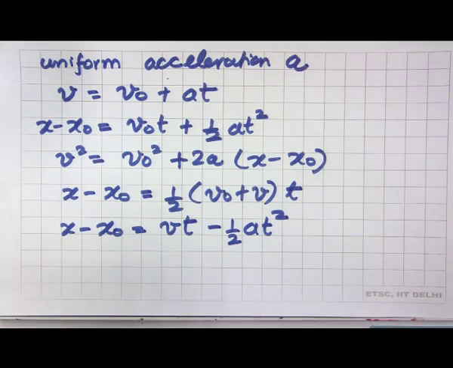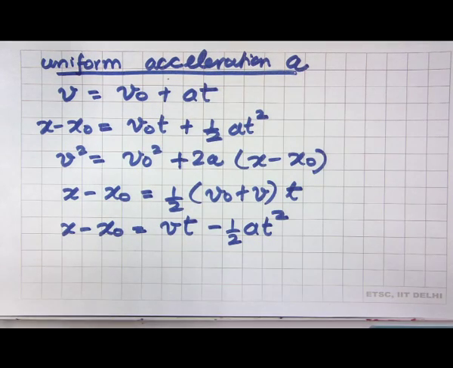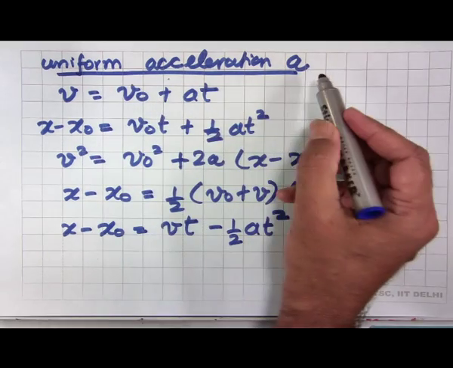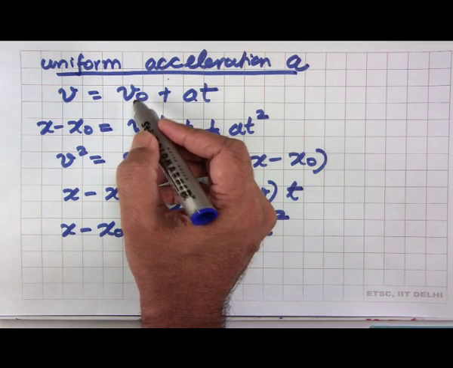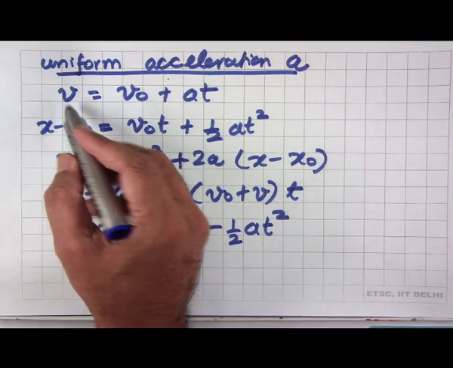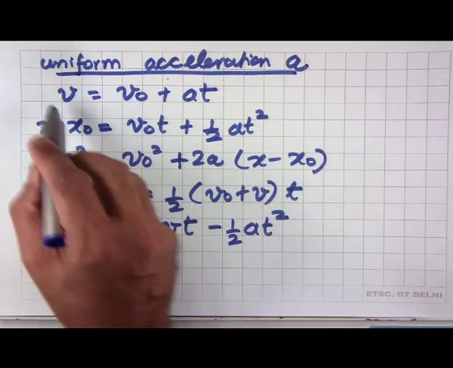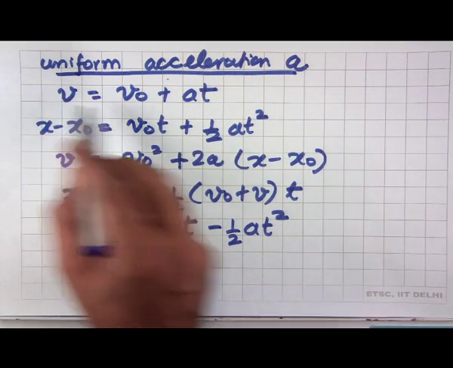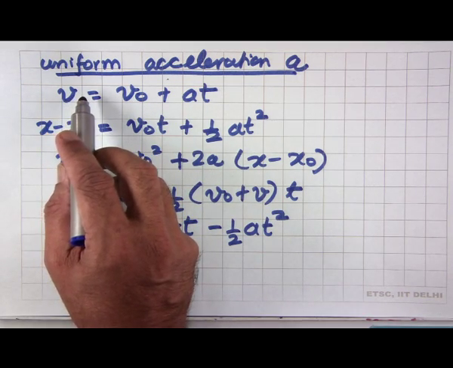So, in the last class what we had seen was that if a particle is moving along a straight line and it has a uniform acceleration a, and if it starts with the speed of v0, then the velocity at time t can be given by the expression v is equal to v0 plus at, where v is the velocity at time t.